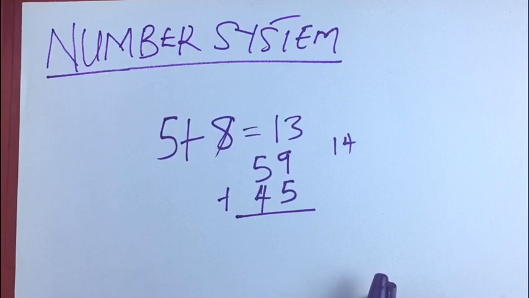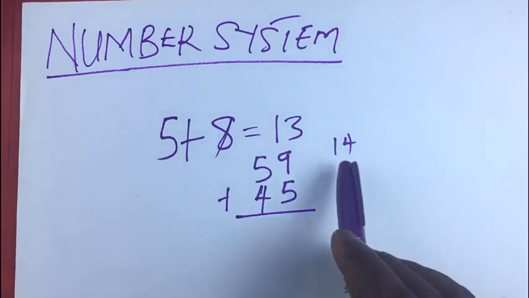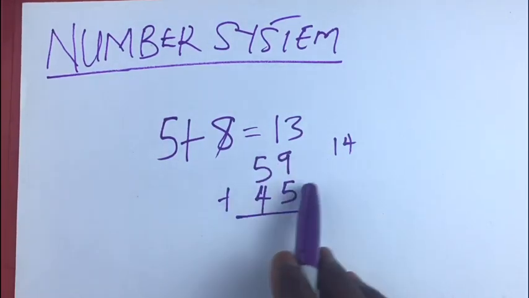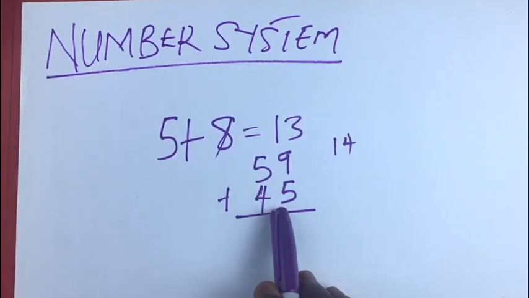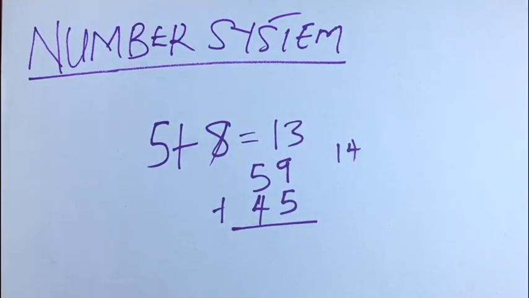There are two major important number systems that we would always touch on as topics. Now if I'm adding 9 plus 5 to give me 14, this is under number base 10.